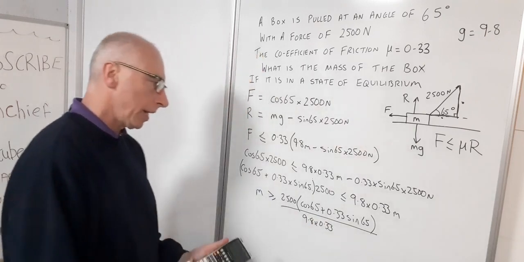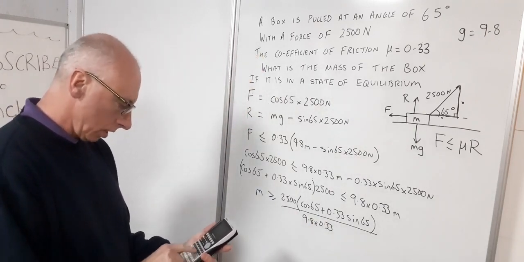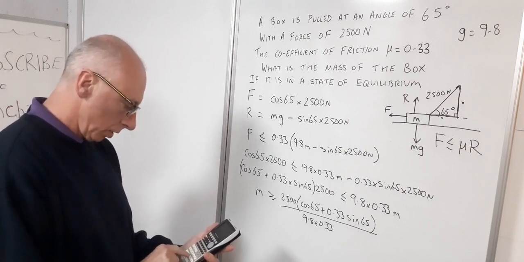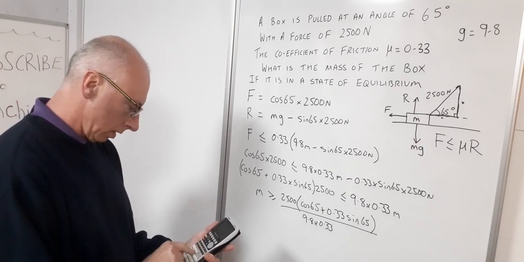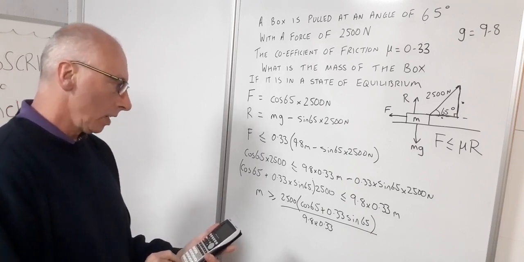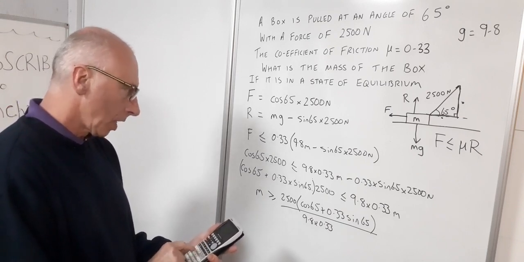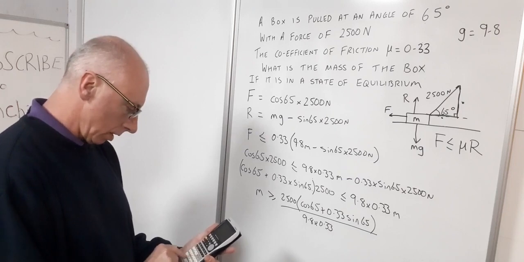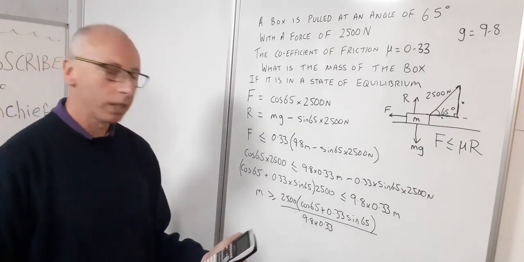Okay, let's plug that in a calculator. 2,500 times cosine 65 plus 0.33 times sine 65. That comes to 1,800, and then divide that by 9.8 times 0.33. So that comes to 557.9.